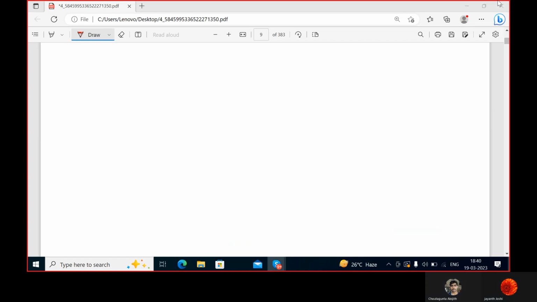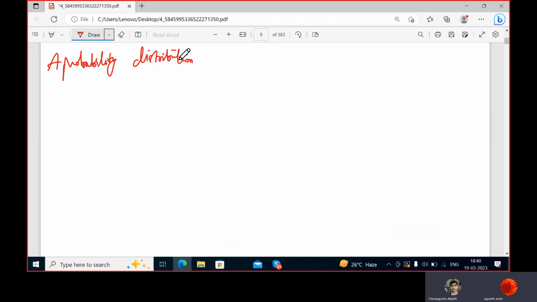Now, a probability distribution is a tabular representation, you can say. It can be a tabular representation. It can be a function in an equation manner.